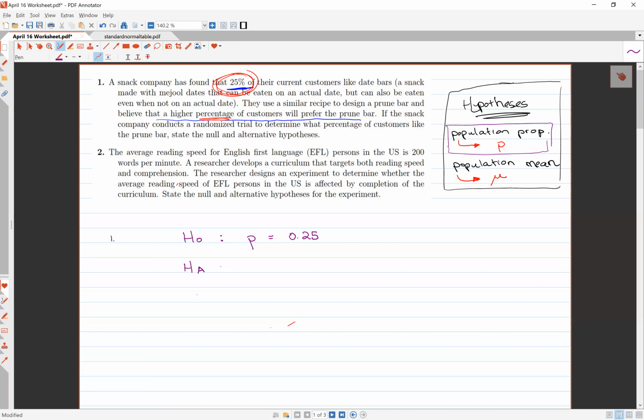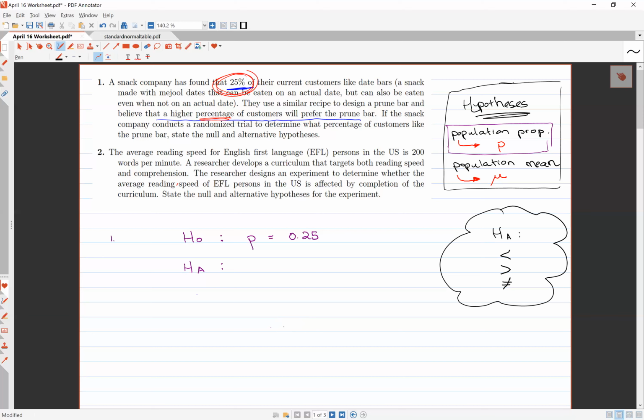Then you're going to formulate your alternative. And an alternative hypothesis, again, I'll do a little sidebar here. An alternative hypothesis can either be a less than, a greater than, or a not equal to. You have to read for a clue as to which of those you should be working with.